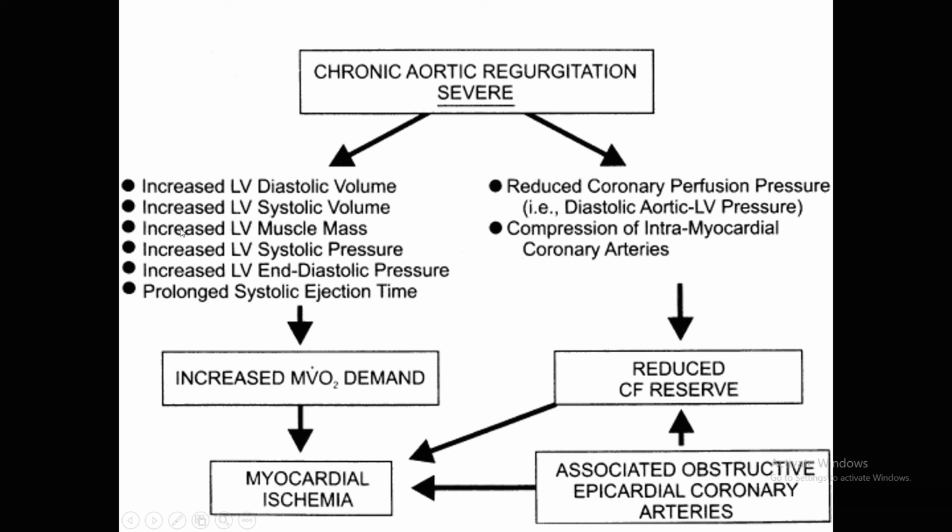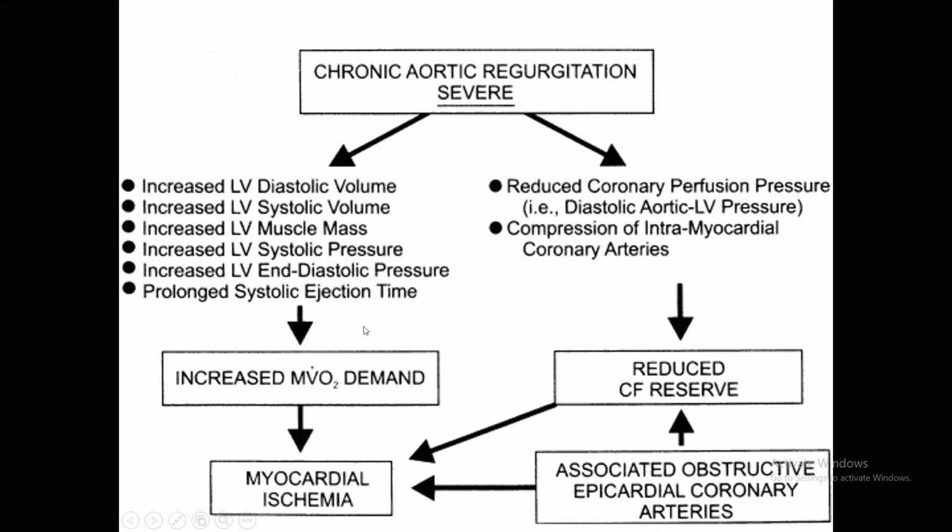This is the consequence, increased left ventricular muscle mass. The systolic pressure in the left ventricle is also increased, and finally even the end diastolic pressure is increased. Due to the increased volume, the systolic ejection time is prolonged.